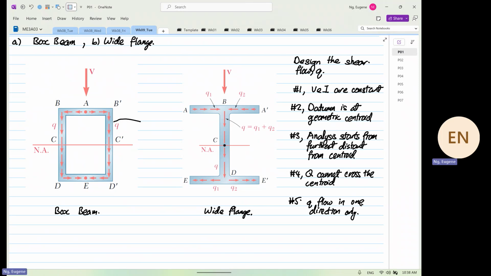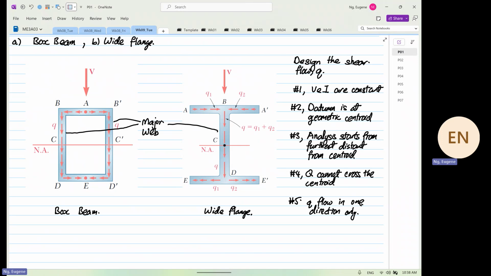What you see over here is known as the major web. So rule number 6, what you can see about the major web is that it only has one direction.